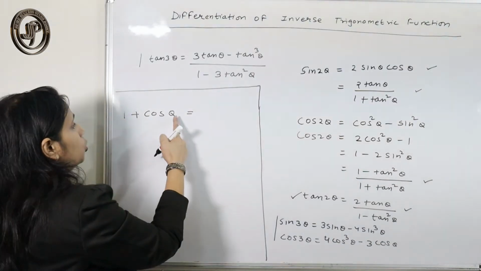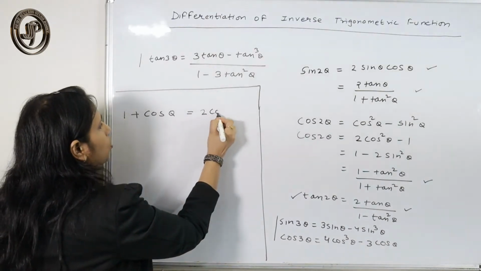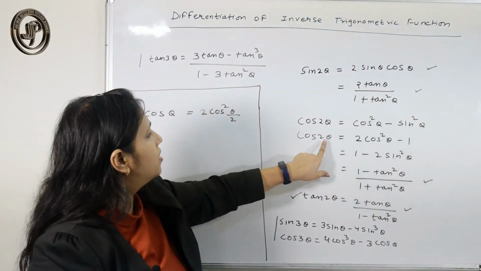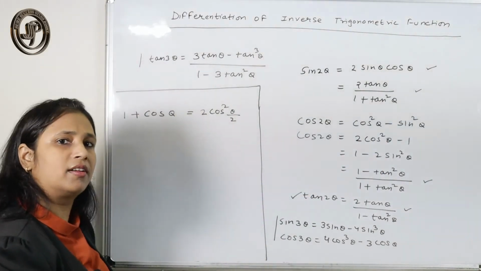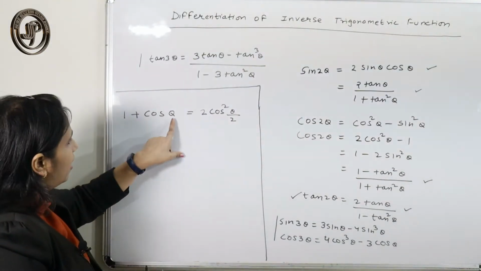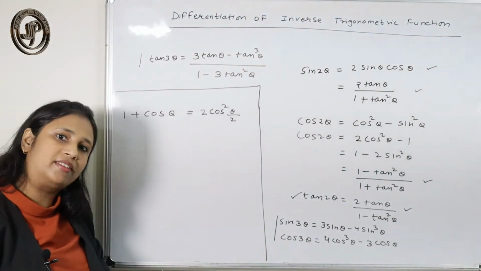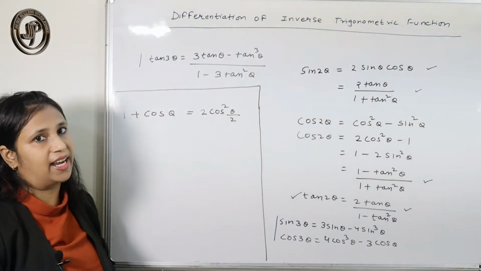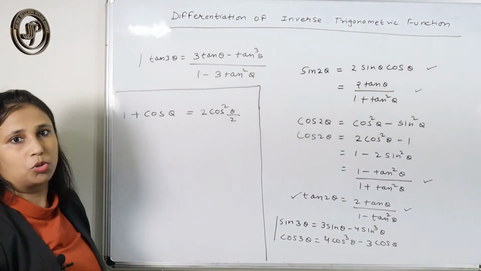So 1 plus cos theta is 2 cos square theta by 2. Why? Because here it is 2 theta, so I have written theta. But if here it is theta, you have to write theta by 2. But better if you memorize this formula directly, then your question becomes so simple.